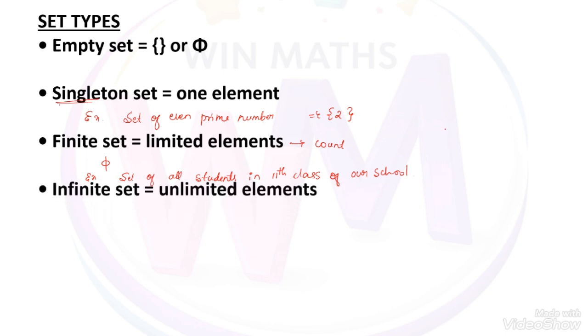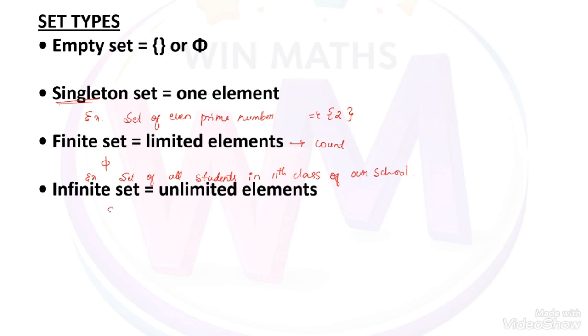Next, infinite set. Infinite means unlimited elements. A set which contains an infinite number of elements, then we can call it an infinite set.